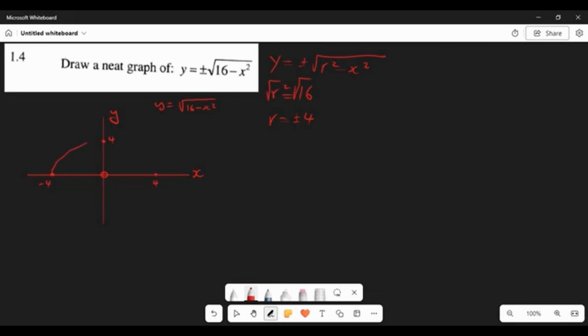So when it's like that, it is the semicircle for this upper graph here. Then the lower semicircle, which is going to be like that, y equals negative square root of 16 minus x squared, is going to be intersecting also at negative 4. So this one is going to be the lower semicircle.